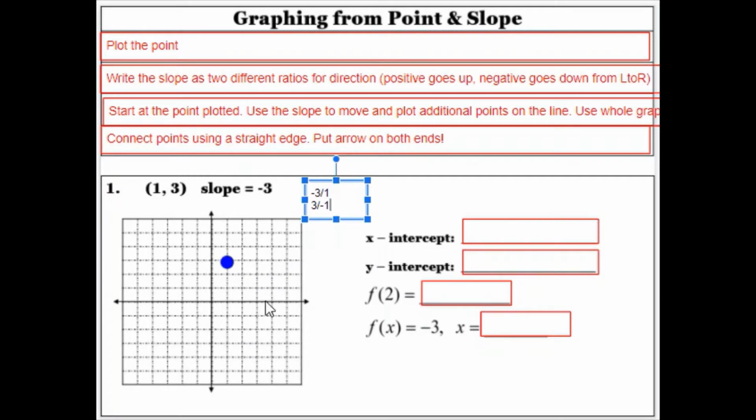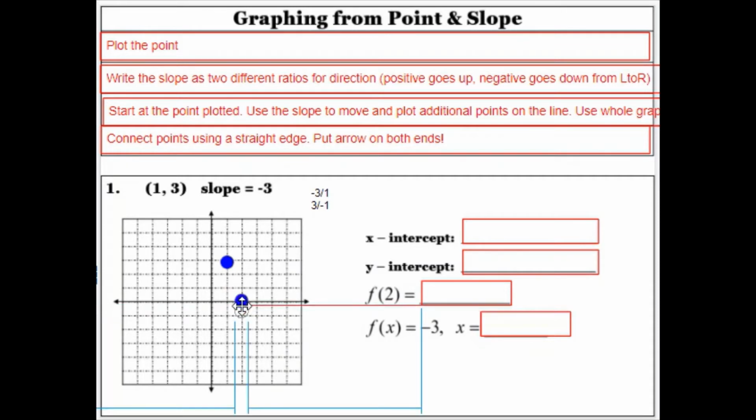So my next point, if I grab a point here and I start where I left off at the point plotted, I want to go, let's try down 3 and right 1. Down 1, 2, 3, and over 1. And you can see again, if I follow this from left to right, it's going down, so I know my slope is negative and I've done it correctly. Let's do another one.